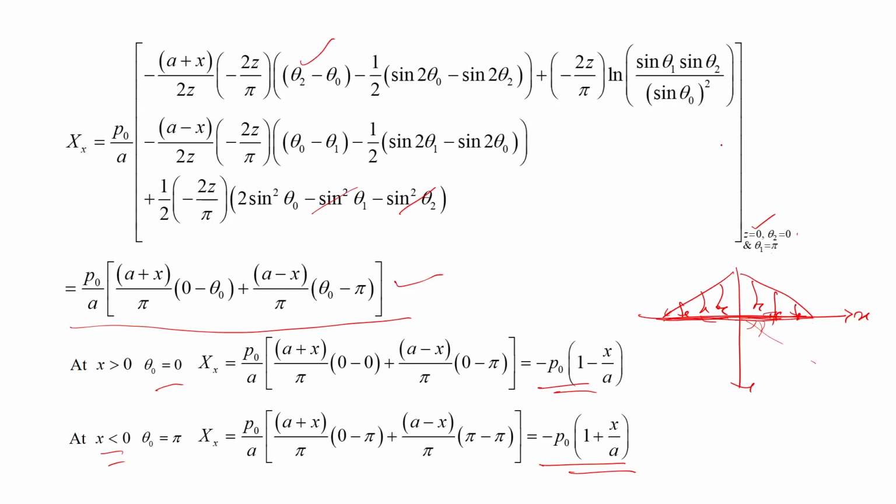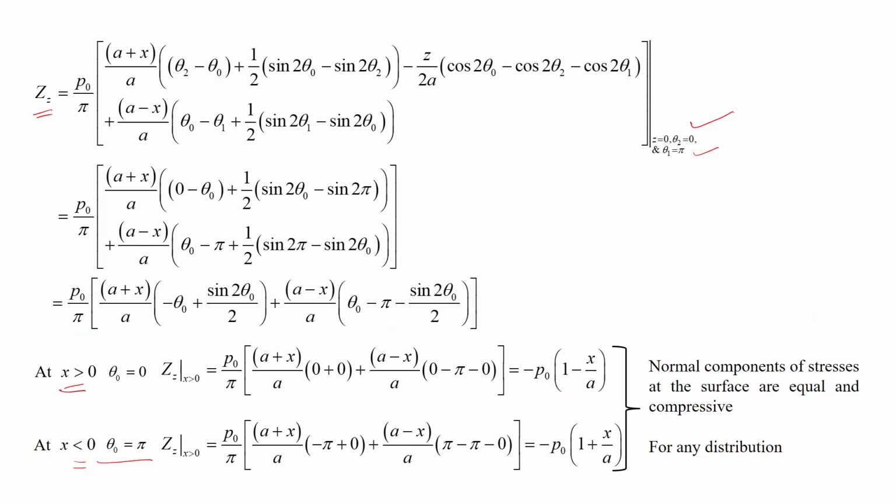In essence you are finding out how the stress values change at all these points at the surface. In all these cases again you will get the same expression for sigma z z, at x less than 0 and at x greater than 0.